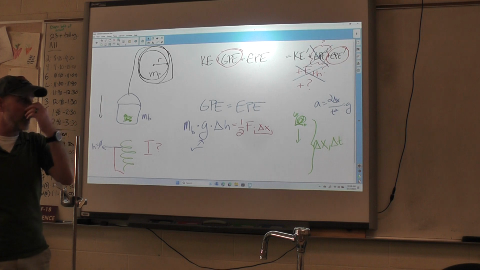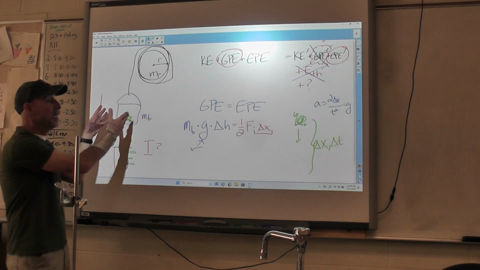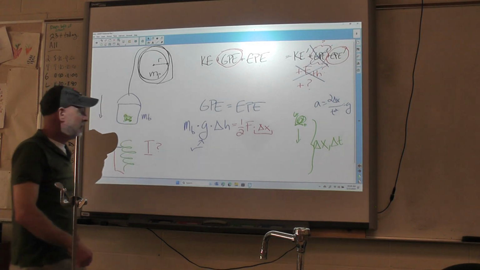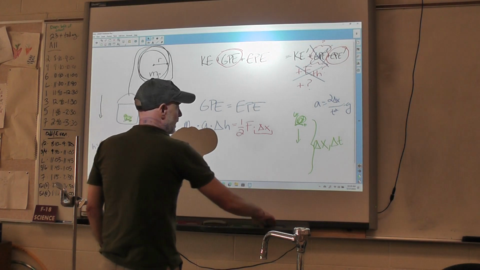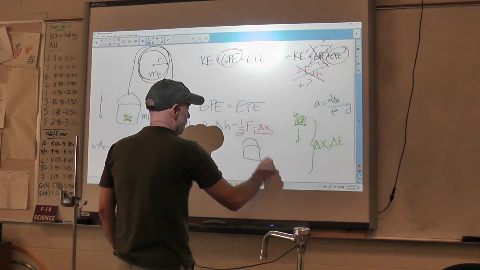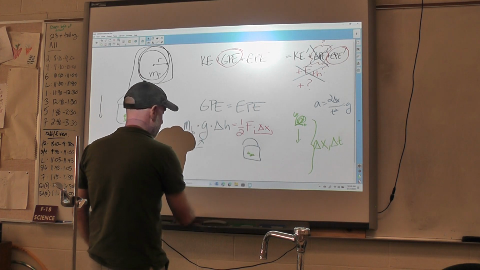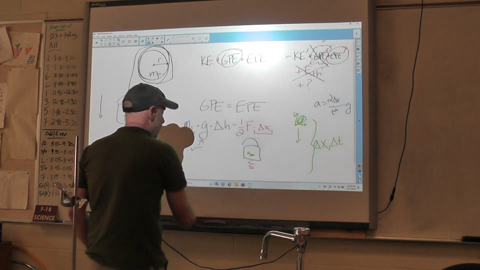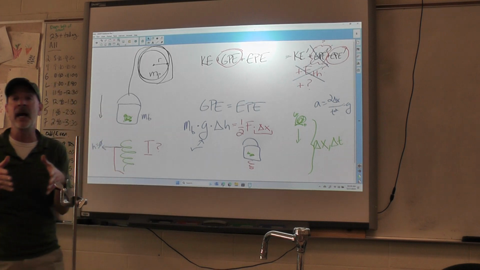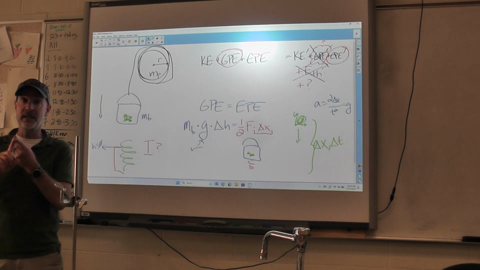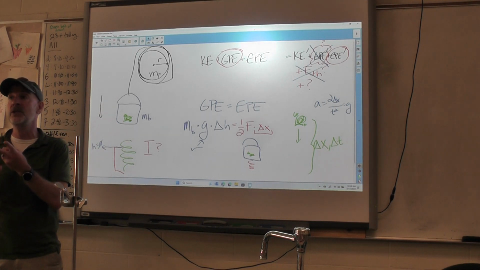Okay? So what I would say is, take the bucket with the frog in it, put it on the spring. Just put it there, and let the spring compress until the whole system is at rest. At that point, the velocity is 0. More important, the acceleration is 0.